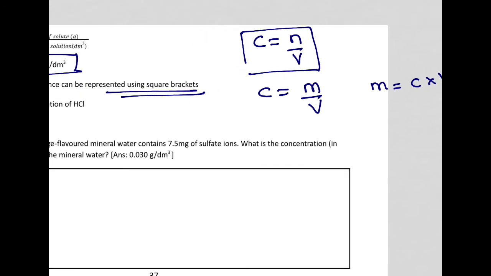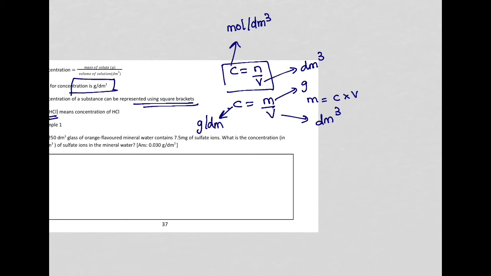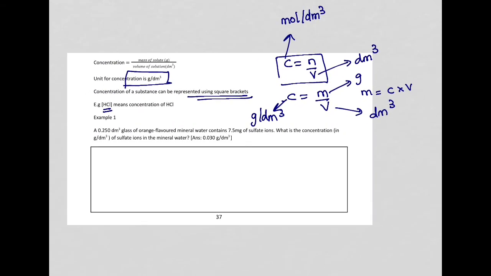But here, the mass needs to be in gram and the volume needs to be in dm cube. So you have to pay attention to the units. Here, the number of moles will be in moles, the volume will be in dm cube, and concentration will be reported in moles per dm cube. Here, concentration will be reported in gram per dm cube. So just pay attention to the units.